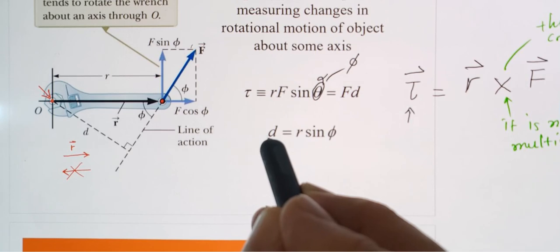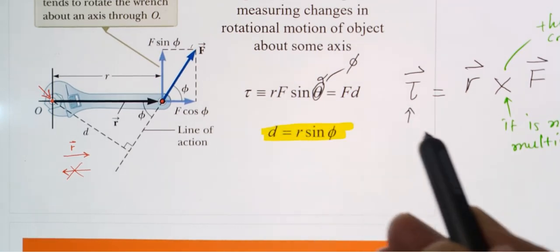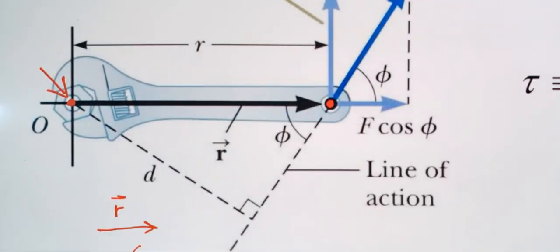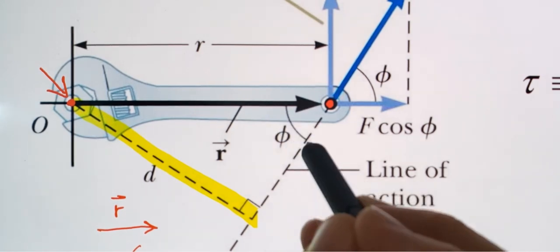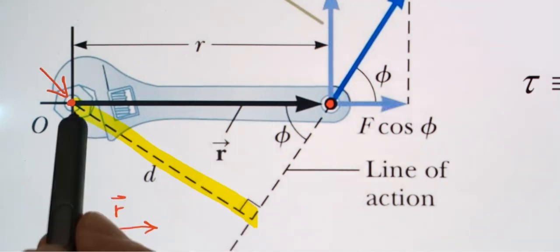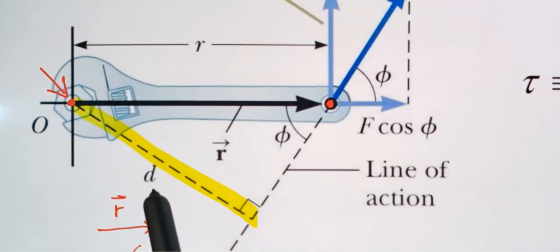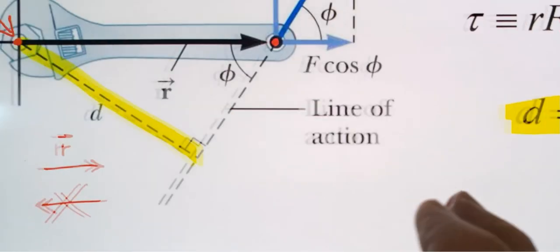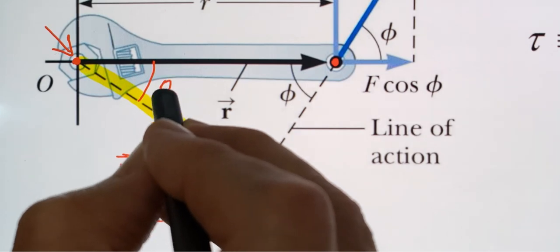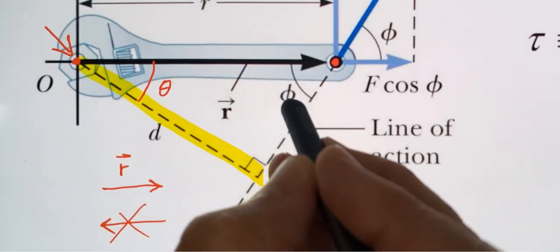Well, again, he loved that so much, so he defined D as R sine theta. Look at this. This is D. And this is theta. This is R. What is D? D is R sine theta. This is theta, that means this is theta. Sorry, this is to explain for you.